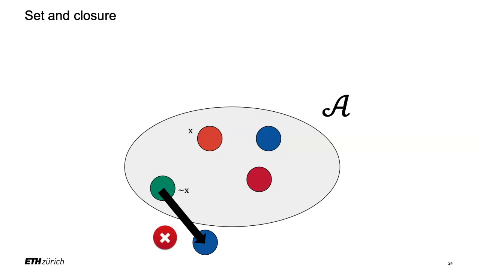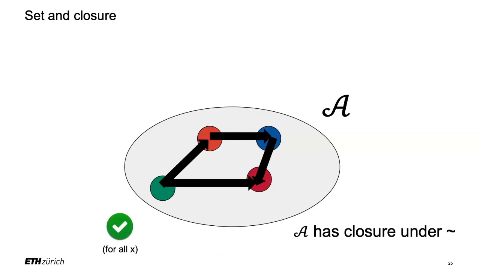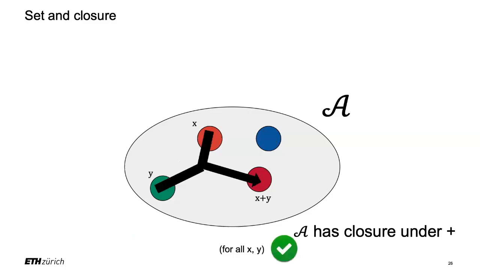So here we don't have closure. It's not closed under minus. But if I take the set of all integers, positive or negative, then it is closed under minus. Who agrees? Okay. So basically, we can also say A has closure under tilde. That basically means that whenever you apply tilde, you stay within that set. You keep staying there. Okay.